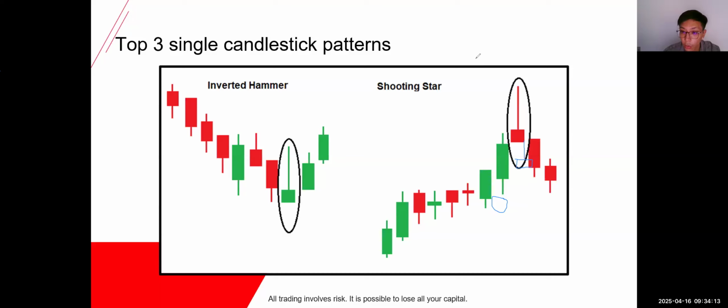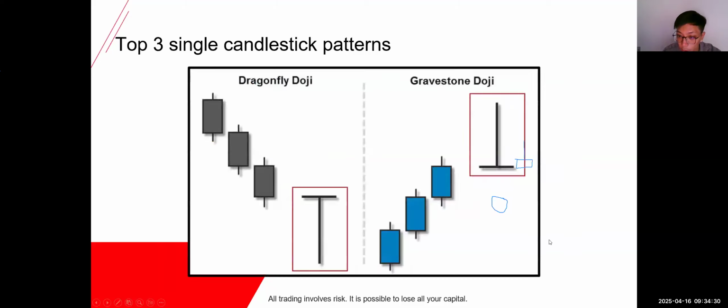Oh, sorry, I should put green, red, red. Okay, green, red, red. Just visualize this. You can take a picture. And then let's go back to the chart itself.